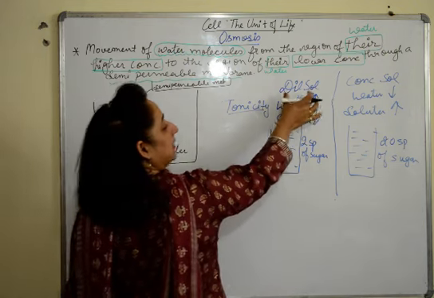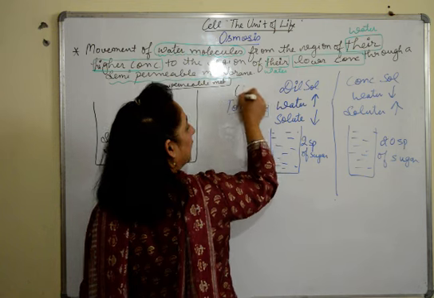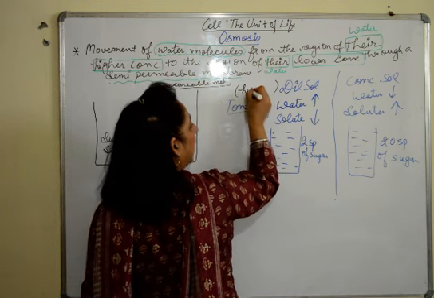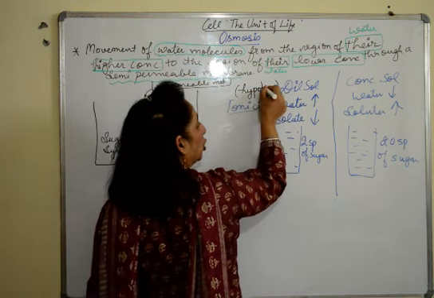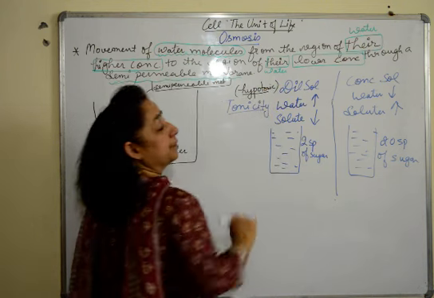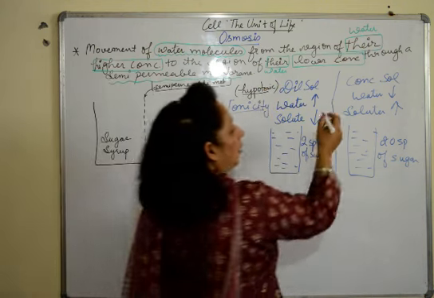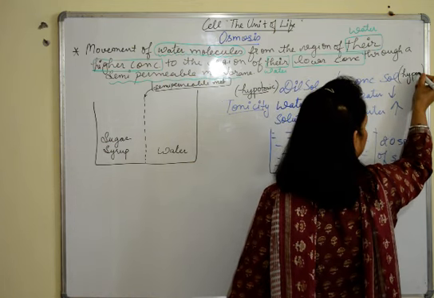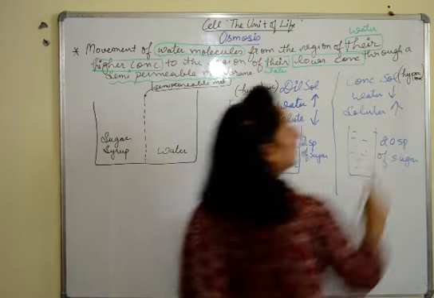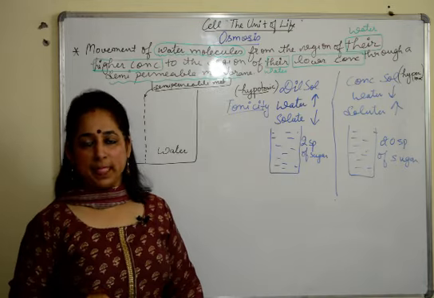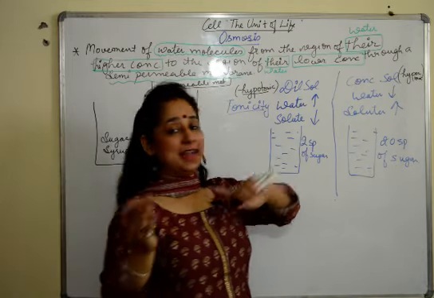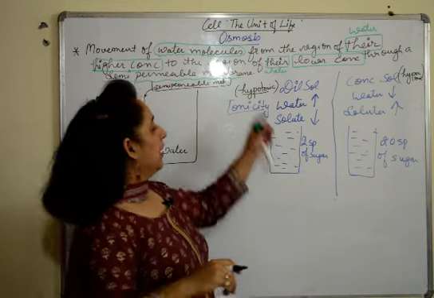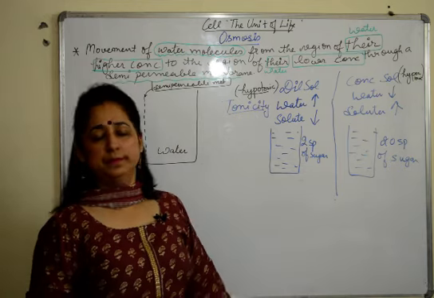Always remember, a dilute solution is always called a hypotonic solution. Hypo. A concentrated solution is always known as a hypertonic solution. Hyper. Hyper means more amount of solute. Hypo means less amount of solute.